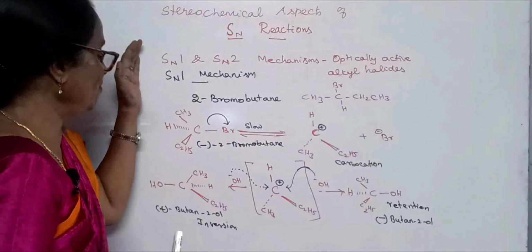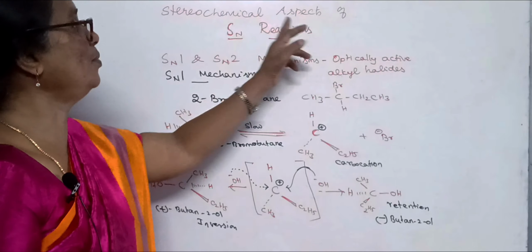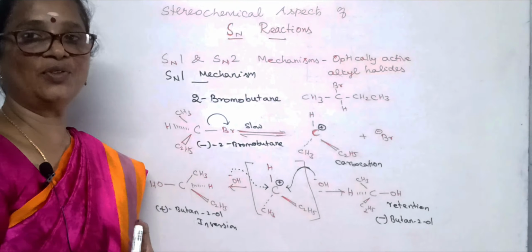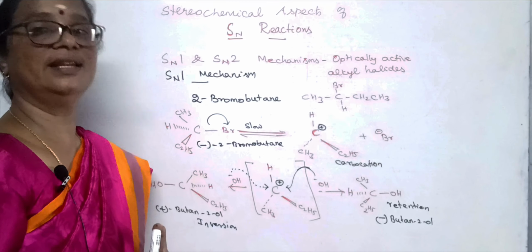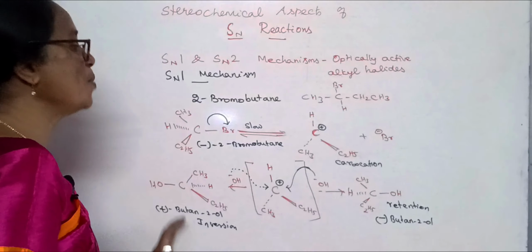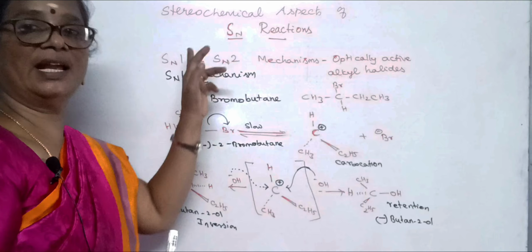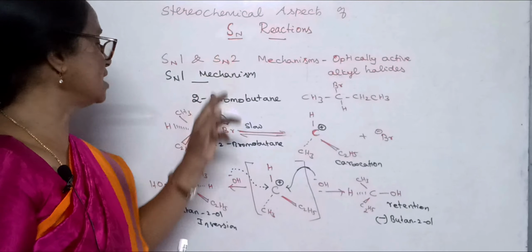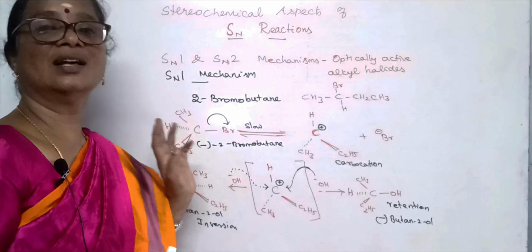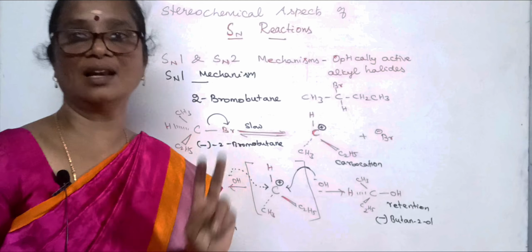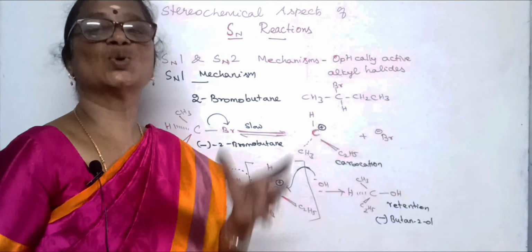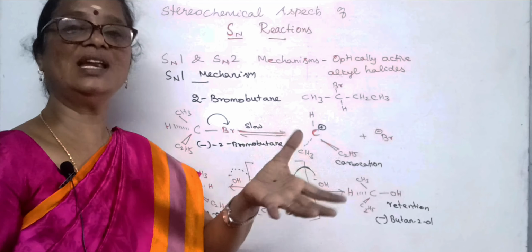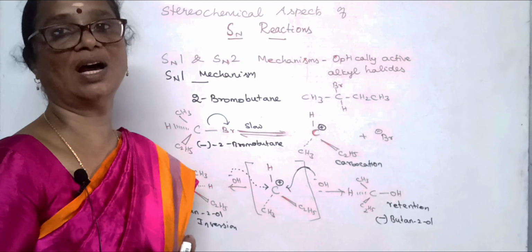But when we discuss the stereochemical aspect of nucleophilic substitution reactions, whatever compounds we take for the explanation of SN2 and SN1 are secondary alkyl halides. Only secondary alkyl halides can have four different groups on the carbon.